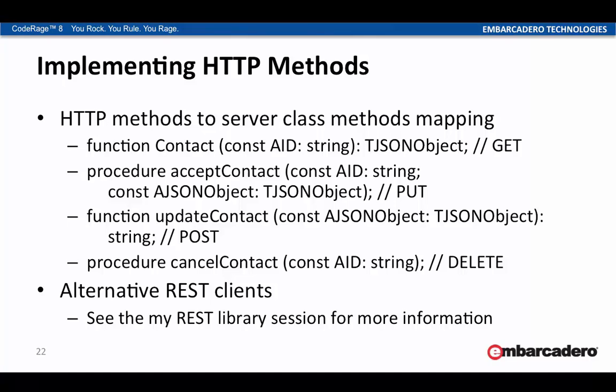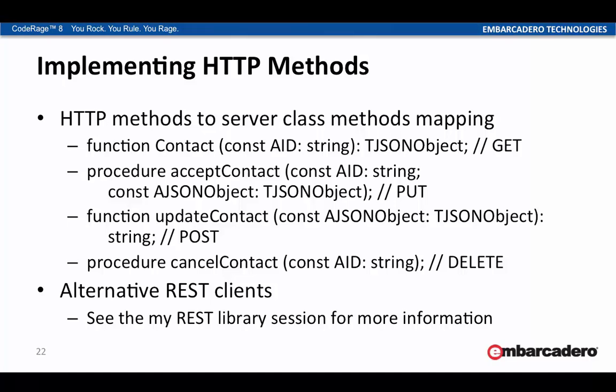Now, DataSnap has a specific way of mapping these HTTP verbs to different methods when you want to use the same URL. So in all of these cases, the URL is contact, or the partial URL is contact. When you're doing a put operation or a post operation, you're going to hit the accept contact and update contact methods.